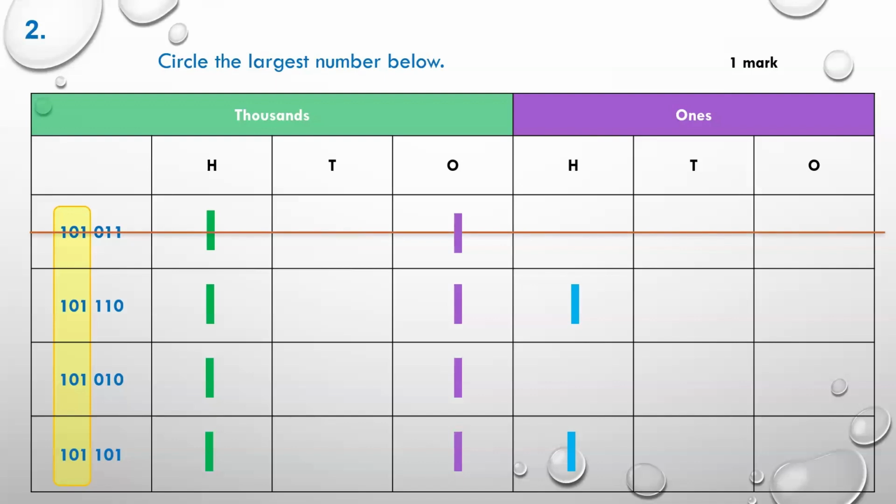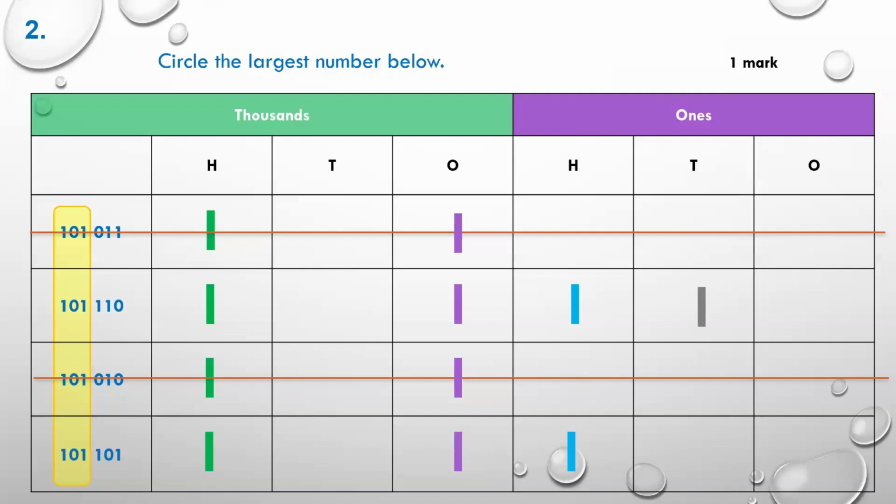Any others? And the third number also, all 4 numbers have 101,000. But when we go to hundreds, the third number has no hundreds. So that cannot be the largest number. We're only looking at the largest number to circle. So we've now come on to tens. If we look at our second number there's 110 there.